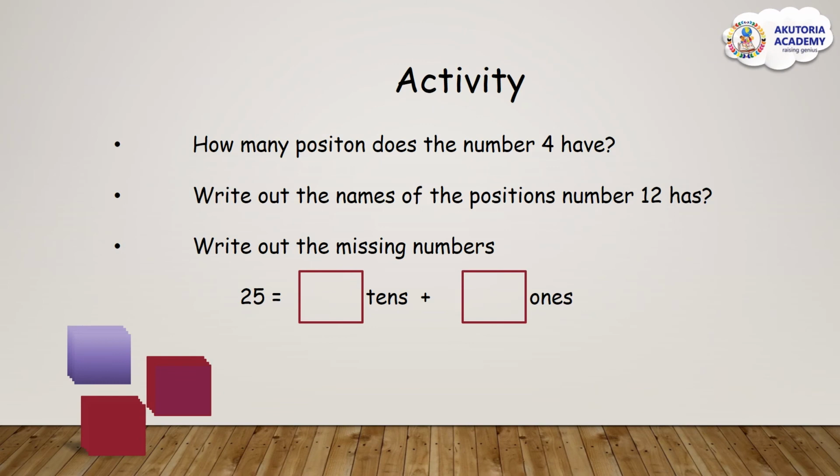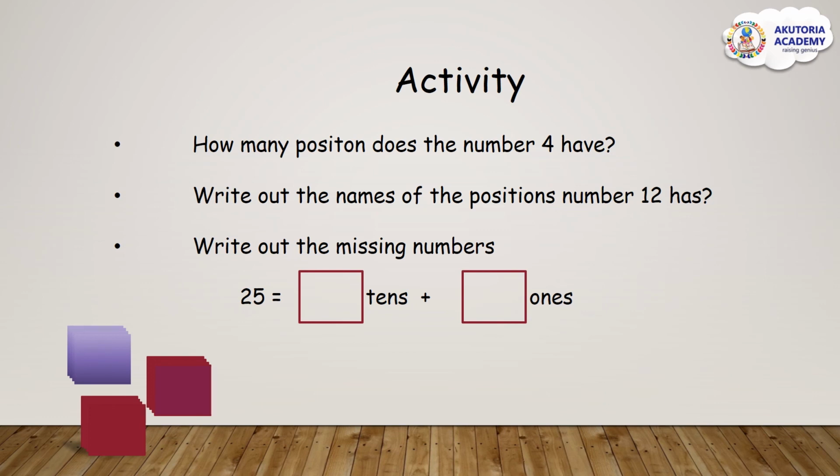Now here's an activity for you. Number 1: how many positions does the number 4 have? Number 2: write out the names of the positions the number 12 has. And the last one is to write out the missing number.